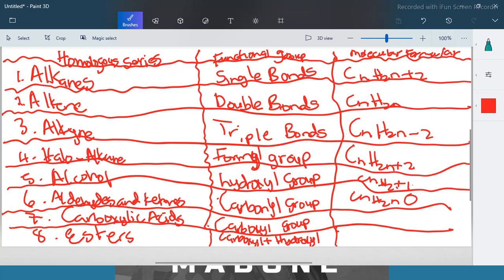No problem. The carboxylic group has CnH2n plus 1 plus 1, COOH. Okay, guys. Yes, CnH2n.